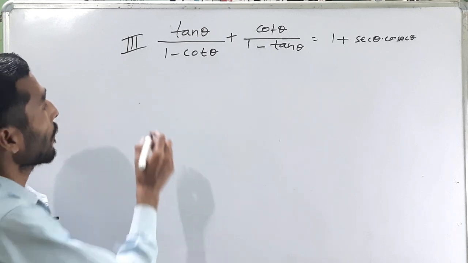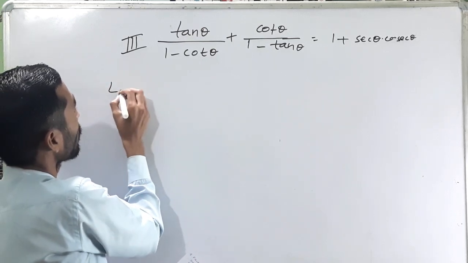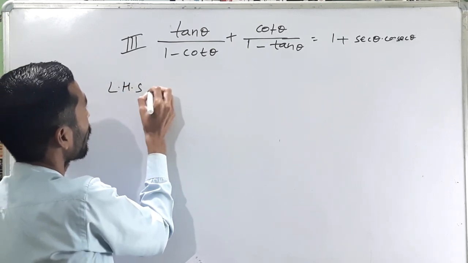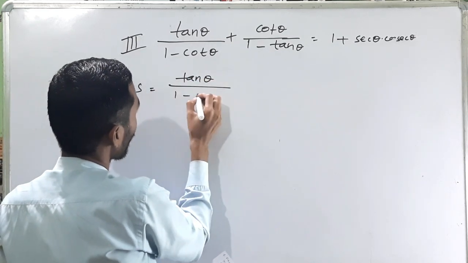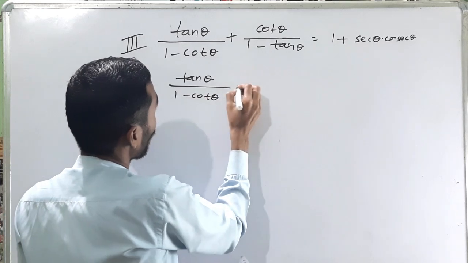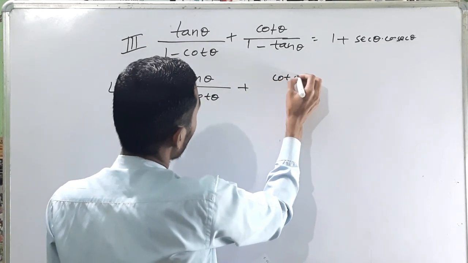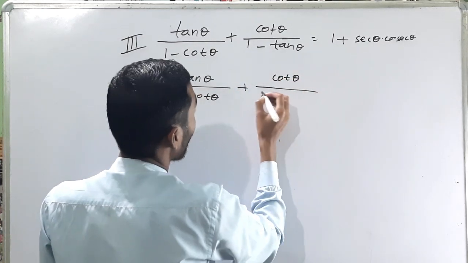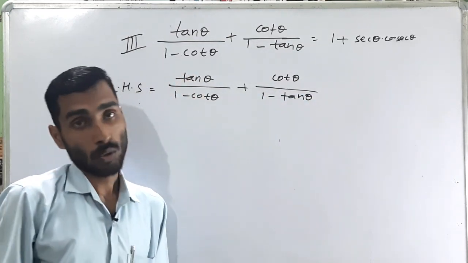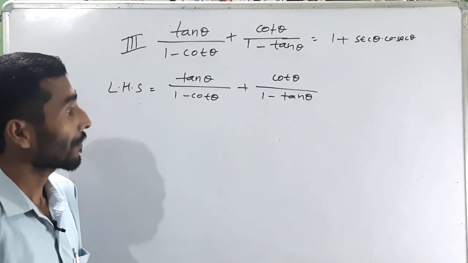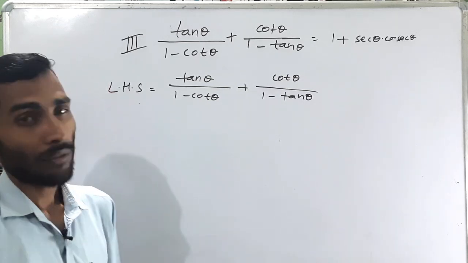What can be done here? Like in previous questions, we can also change tan theta and cot theta into sin and cos form, right? And after that we'll proceed.